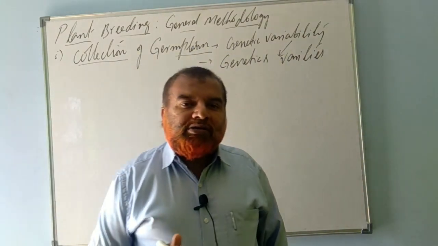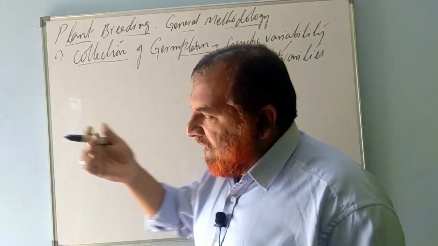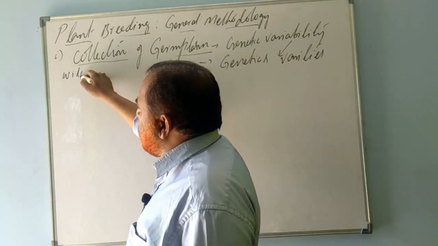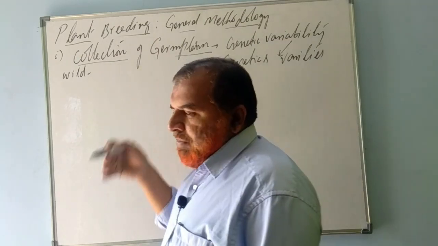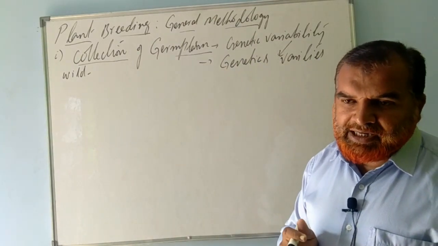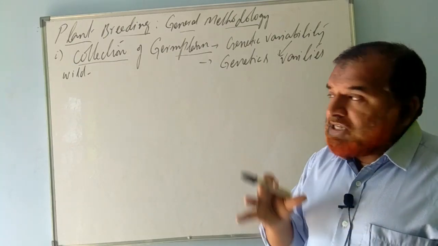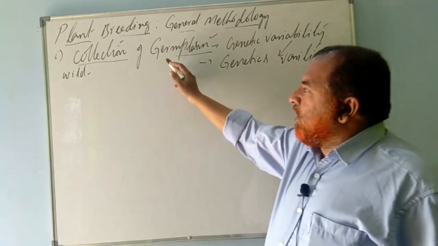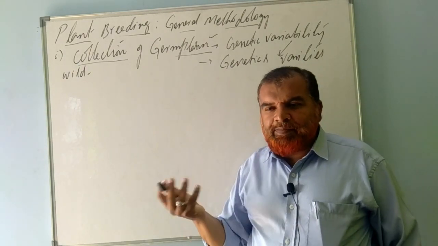We should collect all the varieties, the present variety and the previous variety. Like the natural one, the most common natural one is what we call the wild variety. Present variety, hybrid ones. So all those genes have to be collected, their DNA has to be collected. Such a procedure is what is known as collection of germplasm. Germplasm, you all know germplasm, right?